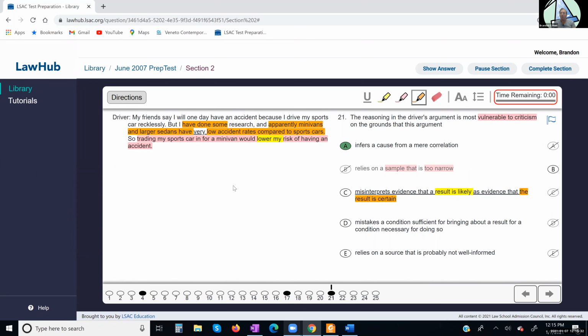So that would be: data shows that when people switch from sports cars to minivans, they typically lower their accident rate. Therefore, if I switch from a sports car to a minivan, I will definitely avoid my risk. That would be the type of jump, and that's just not what's happening here. So C is not describing a problem that's there.